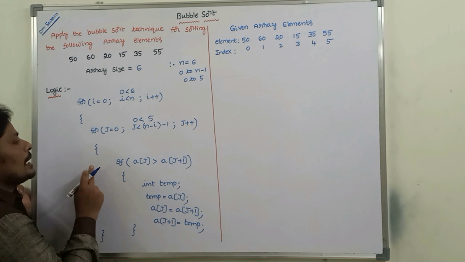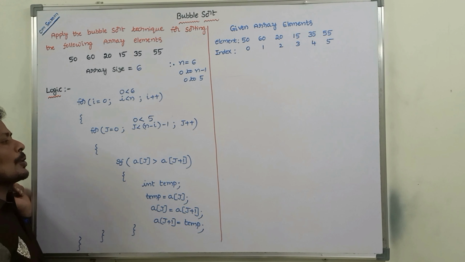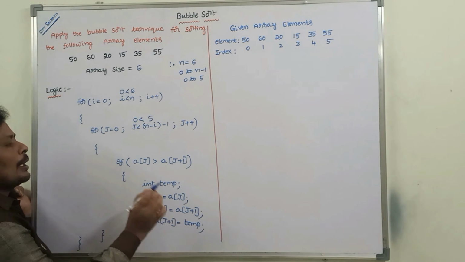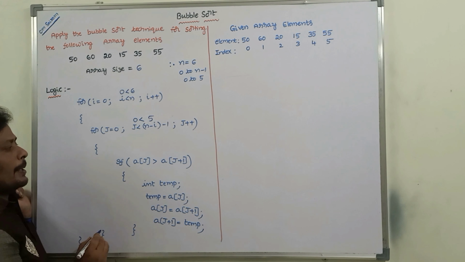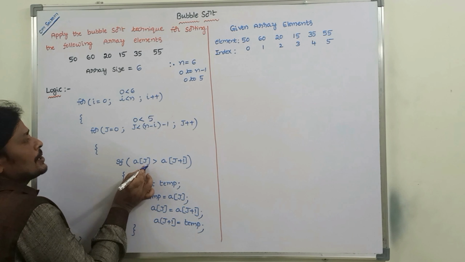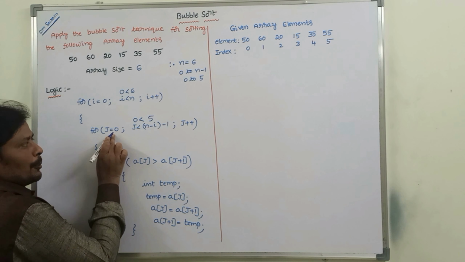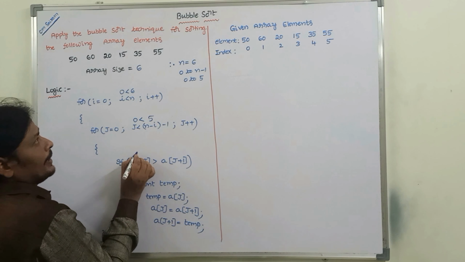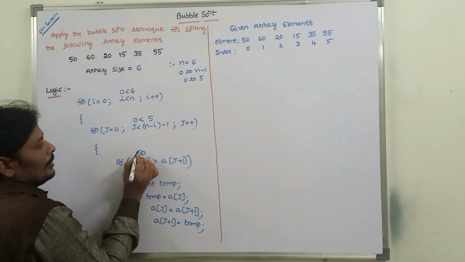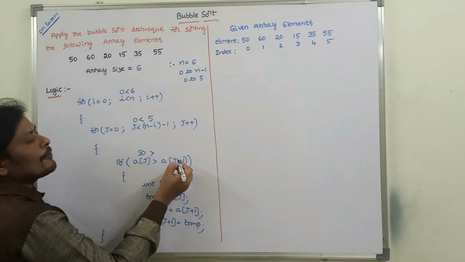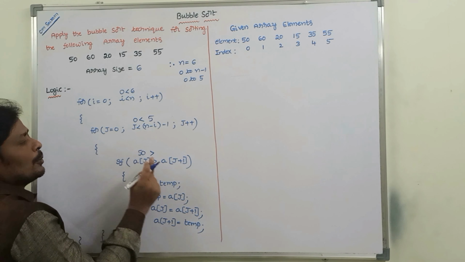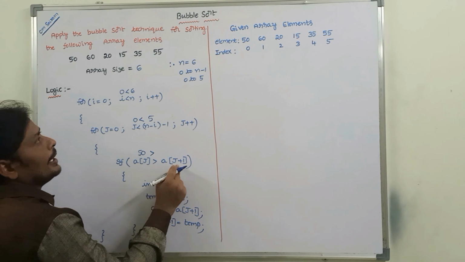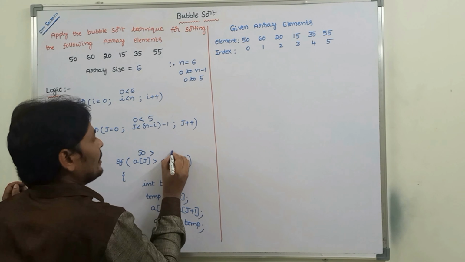If the condition is true, then the control goes to the body of the for loop. In the body of the for loop, an if statement is there. If a of j, with j value 0, a of 0 is 50, greater than a of j plus 1, j value 0 plus 1 is 1, a of 1 value is 60.